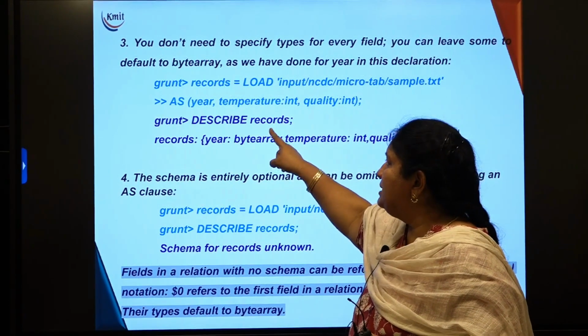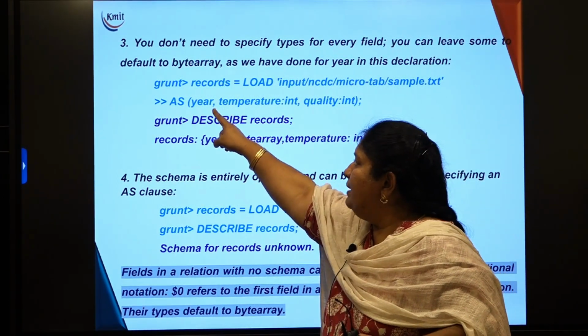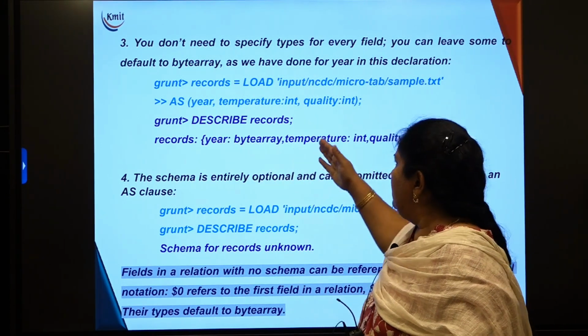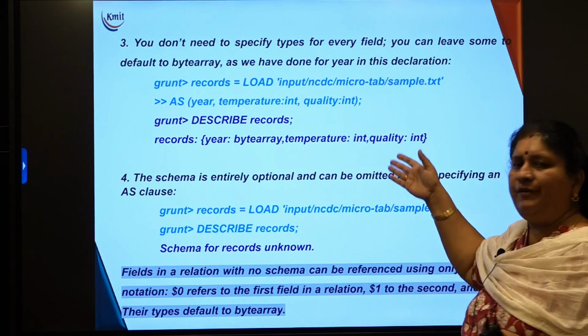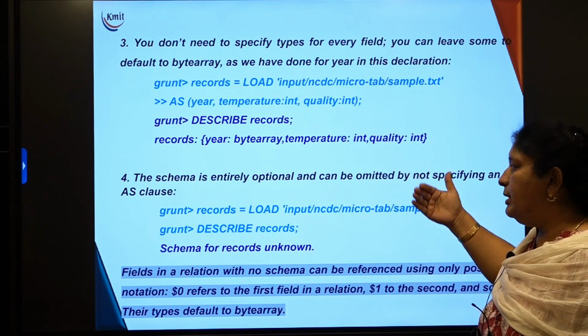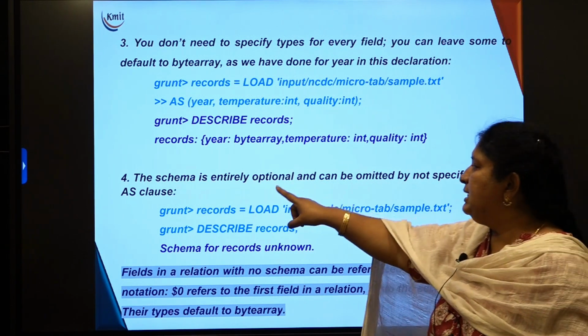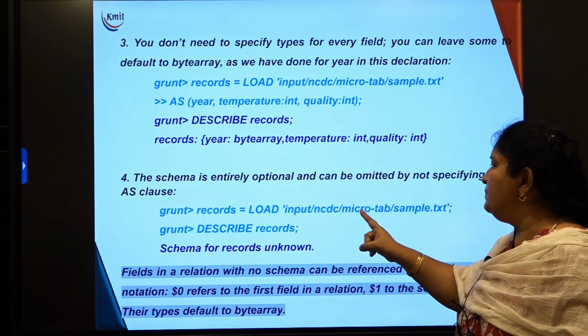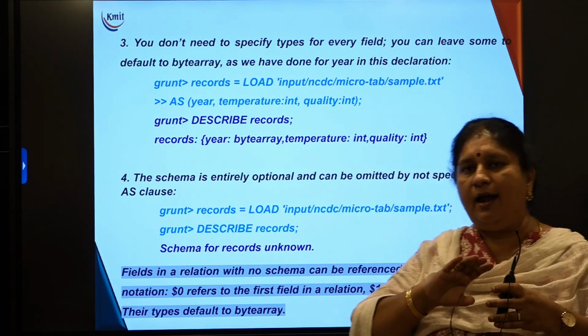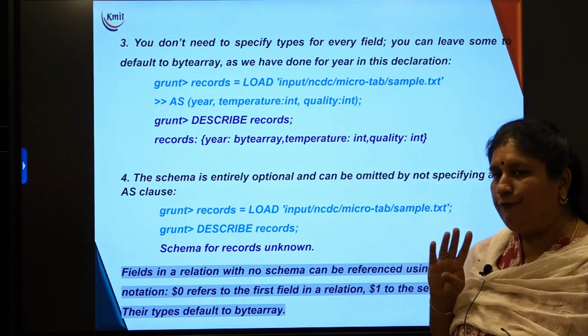So when I want to see the schema, to whomever we did not specify, what does it default to? Byte array. The rest, because you have specified, use the same data type. This is the third variant. What is the fourth variant? The schema is entirely optional and can be omitted by not specifying it at all. See, this is the fourth option.